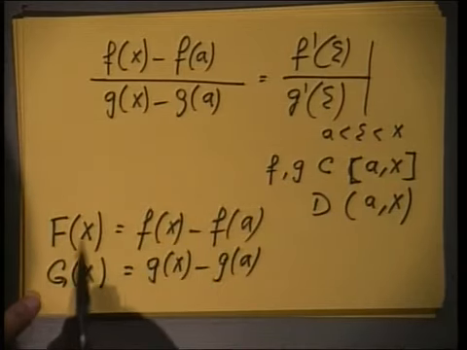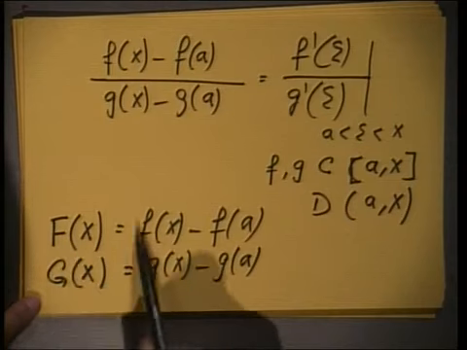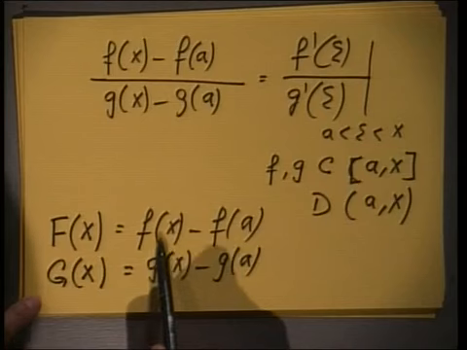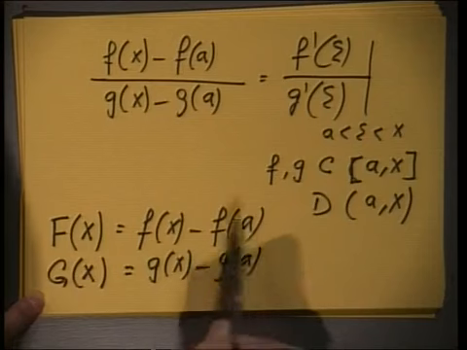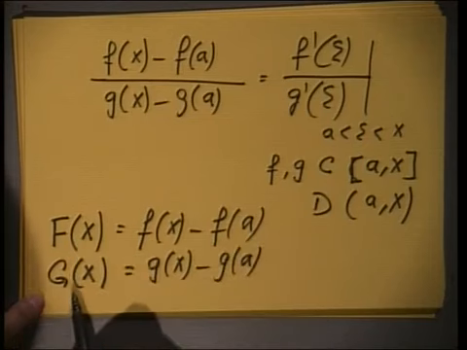But you note something here: the limit of capital F of x when x tends to a is 0. Why? Because the limit of f of x is equal to f of a, because f is continuous. Therefore, when you take the limit when x tends to a, this vanishes, and the limit of capital F of x is 0. The same thing applies to capital G of x.